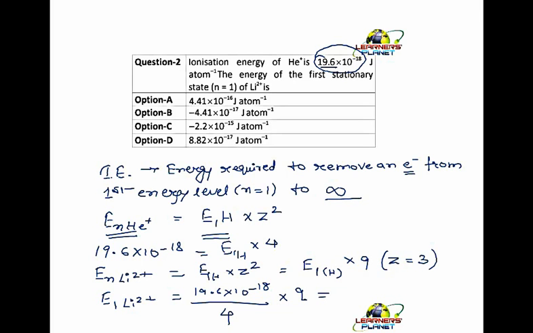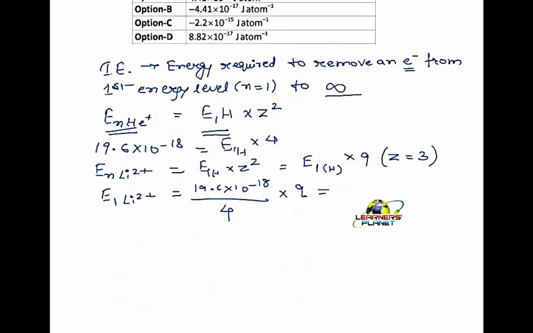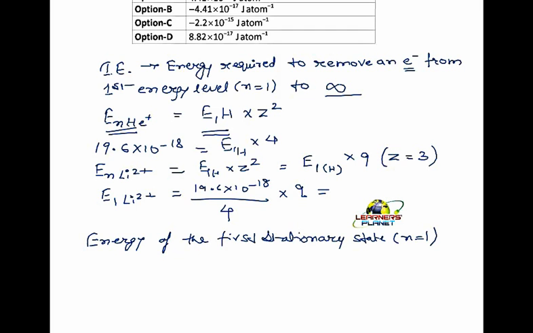Right? Now can we do the approximation? So this will give us the energy of electron of the first stationary state, that is n is equal to 1, right?